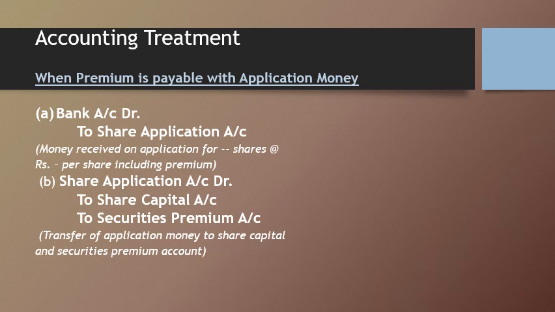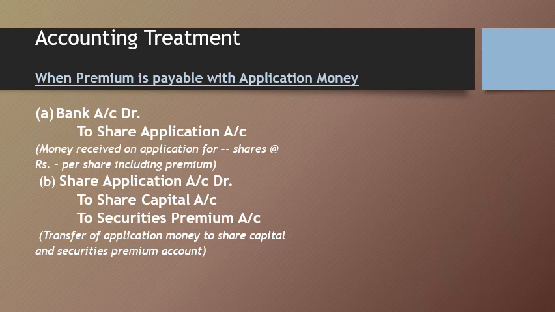Whenever the premium amount is collected along with the application money, our journal entry will be like this. On the receipt of this money, our journal entry will be bank account debit to share application.